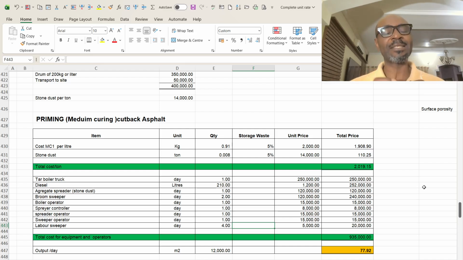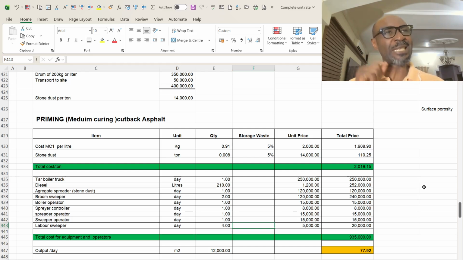Some people might want to know the reasons why this coat is applied before the hot asphalt is laid on the base course. There are three common reasons. One is to serve as a binder between the base course and the hot asphalt that is going to come on it. Secondly, it serves as waterproofing.